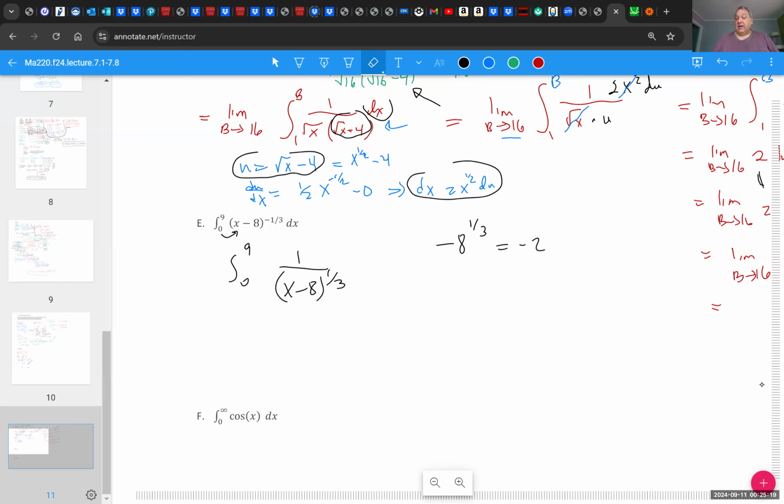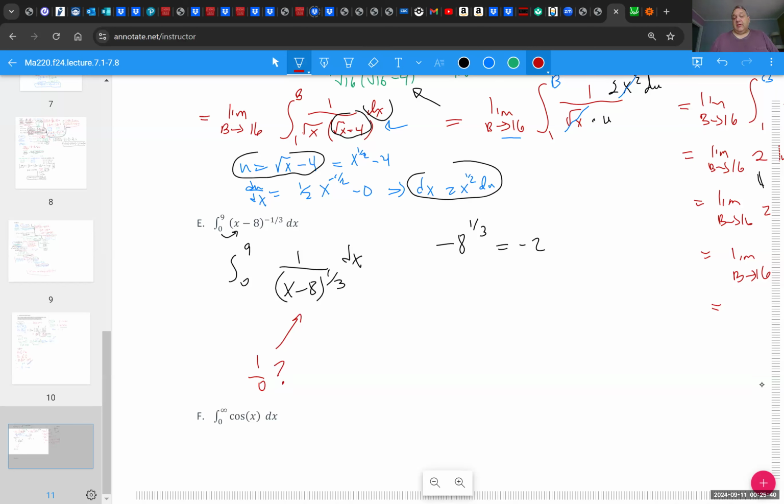But you may have realized the problem really isn't always the 0 or the 9. It's what makes the function undefined. So what makes this function undefined? That's the question we need to be asking ourselves. What makes this function undefined is if you divide by 0, right? Do we do 1 over 0? That's the thing we need to be thinking about.